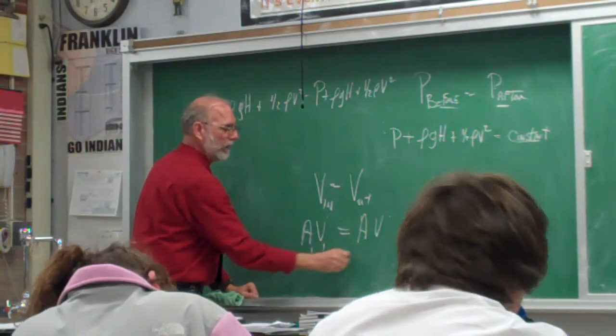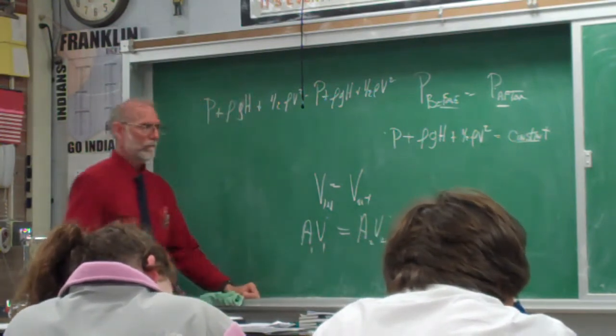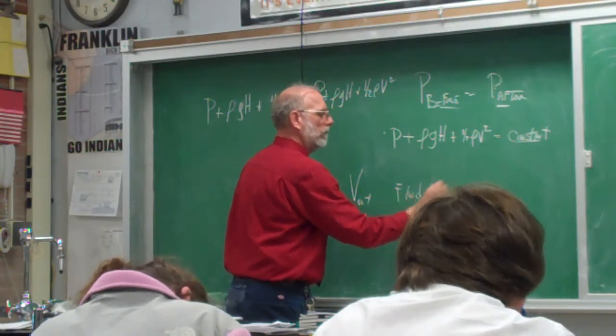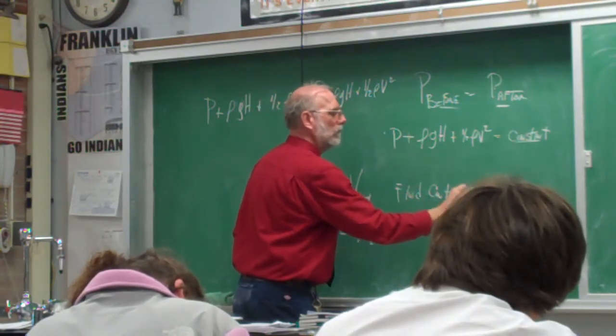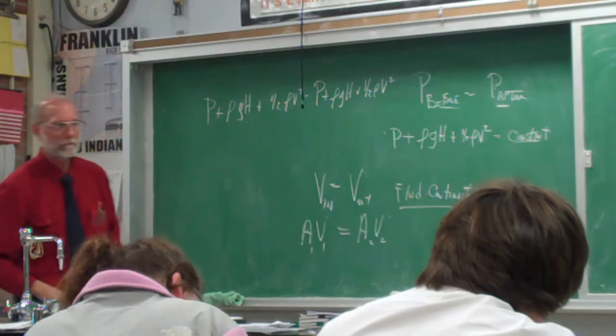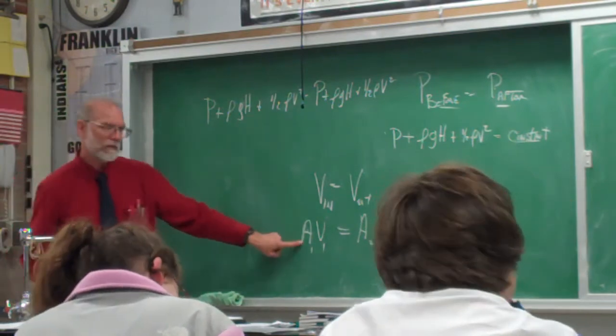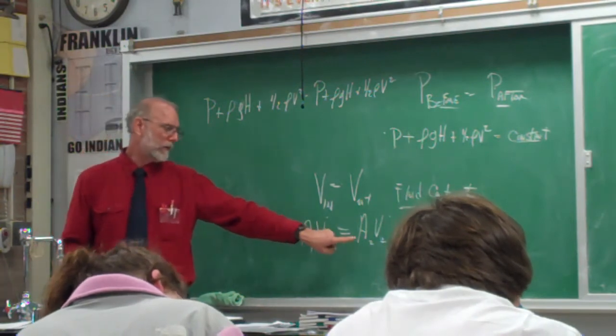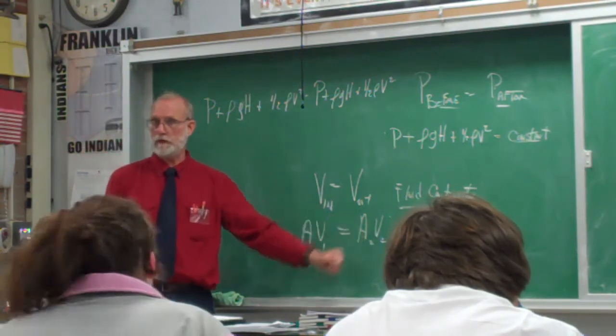So A1 V1 is equal to A2 V2. This is your fluid continuity. So the cross-sectional area times the velocity at one part of the system has to equal the cross-sectional area times the velocity of the other part of the system.